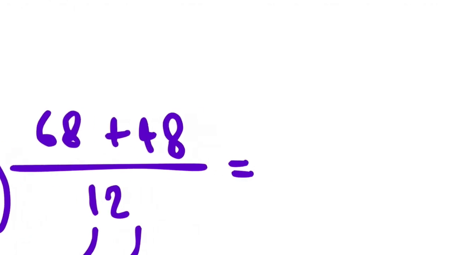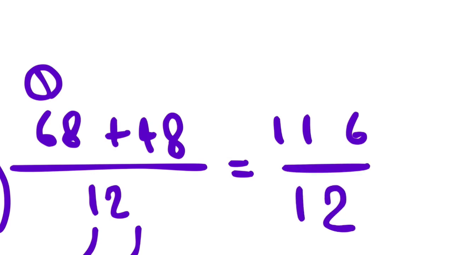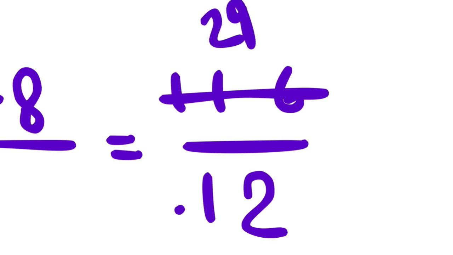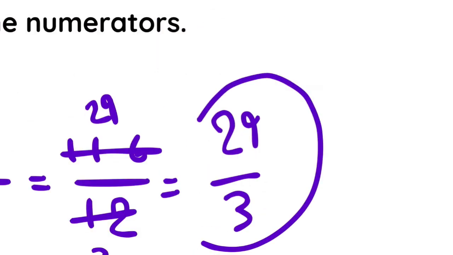So 8, 16, I carry 1, 6, 4, 10, with 1, 11. So 116 divided by 12. We can simplify this fraction by dividing both of them by their GCF, right? So the GCF I assume is 4. So I divide them by 4. This turns out to be 29 divided by 3, and this is our answer.